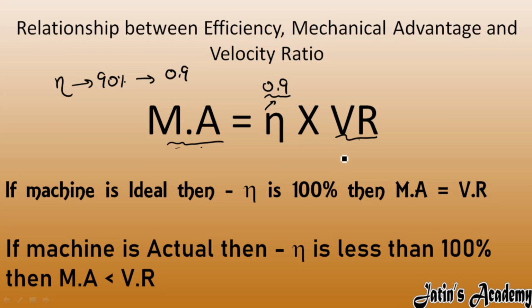And if the machine is actual, efficiency is less than 100%, the velocity ratio will not change, only mechanical advantage will be affected. So with changing the machine from ideal to actual, velocity ratio will not change, but mechanical advantage will decrease. Clear?